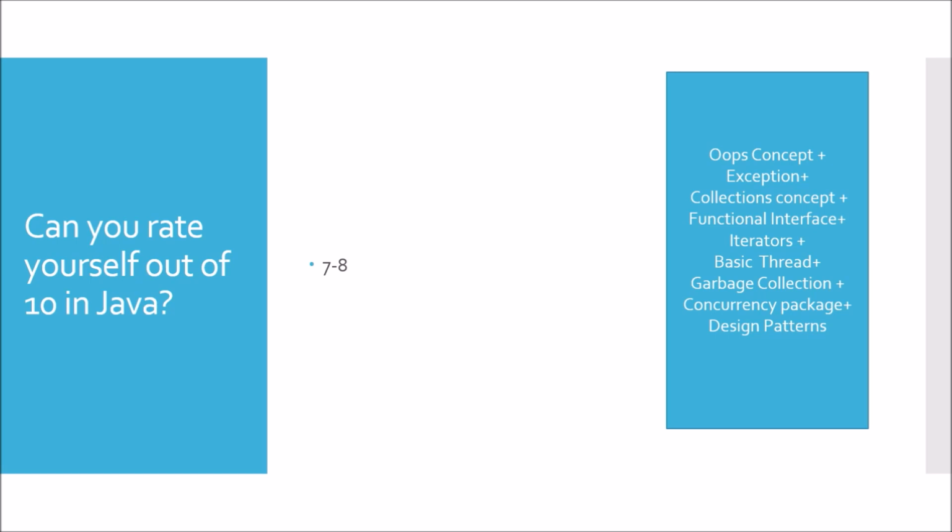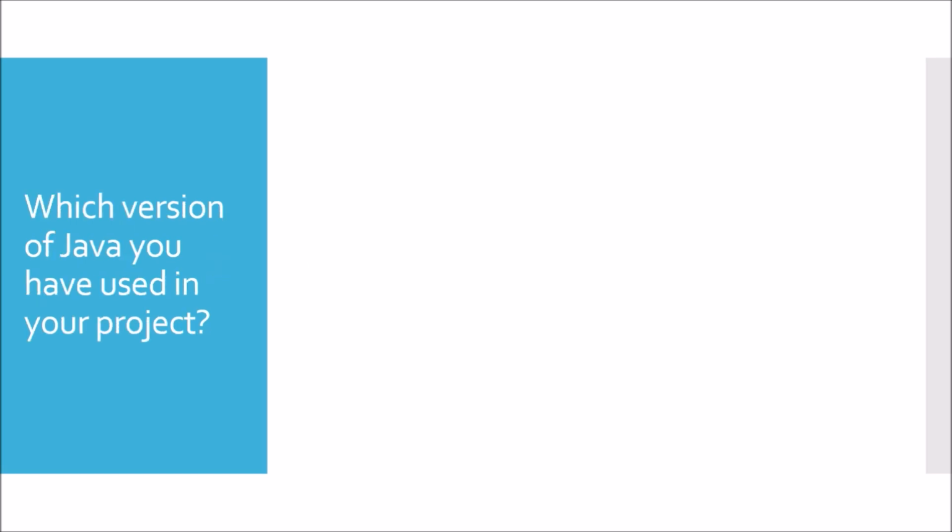Moving to the next question: which version of Java have you used in your project? For me, I have used Java 1.8 and Java 1.6. Once you say two versions, the next set of interview questions you will mostly observe is the difference between Java 1.8 and the version you mention, or the new features introduced in Java 1.8.